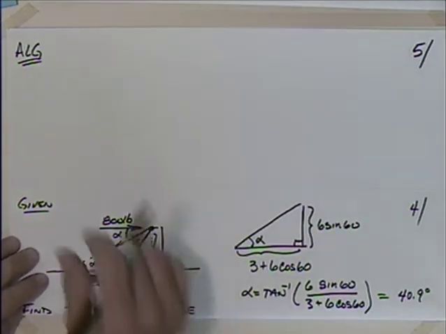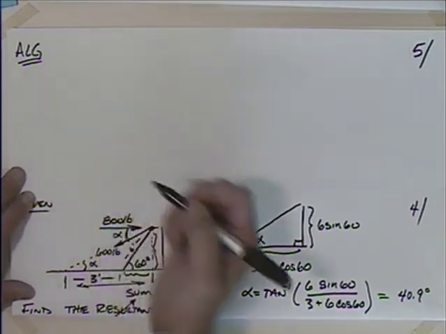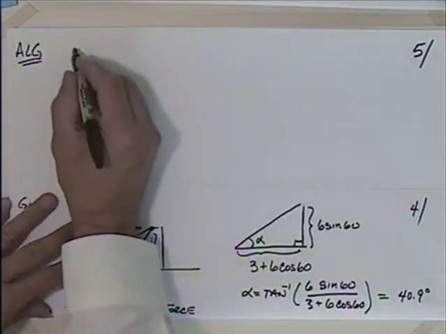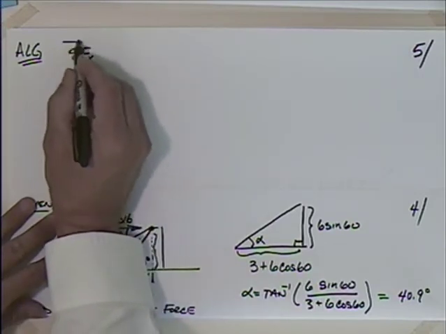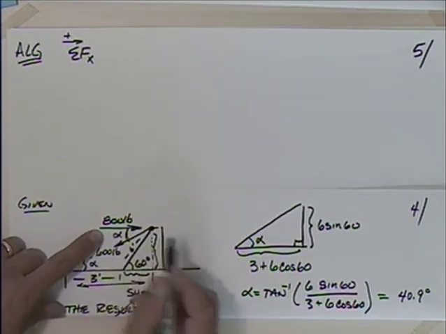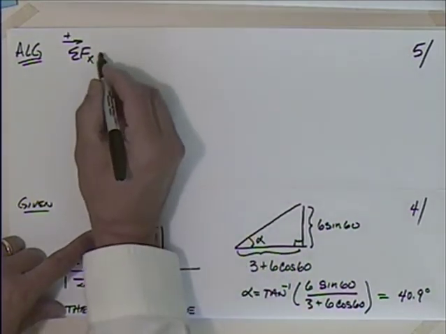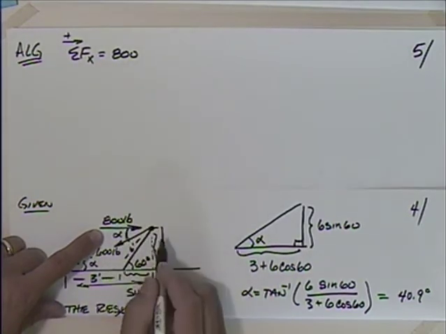Well, first thing we need to do in the algebra approach is we need to sum up the pieces in the x direction and the y direction. So if I sum up the pieces in the x direction, I'll go ahead and take a positive to the right. That 800, that's all x, isn't it? So I can say that I have 800, that's positive because it's to the right.